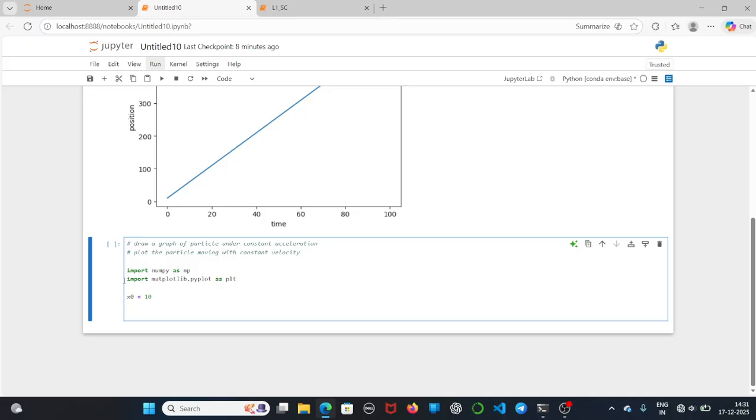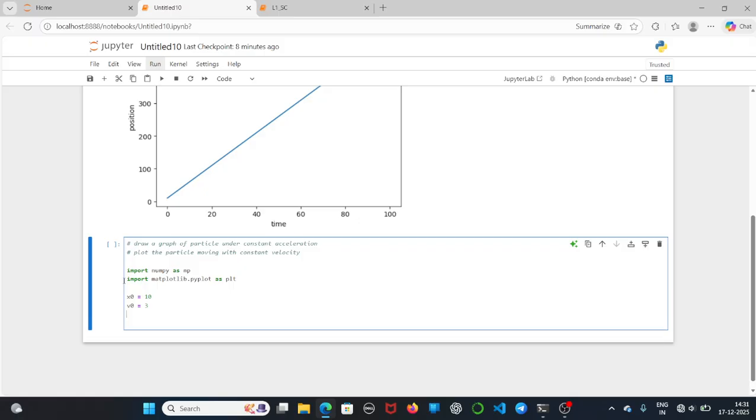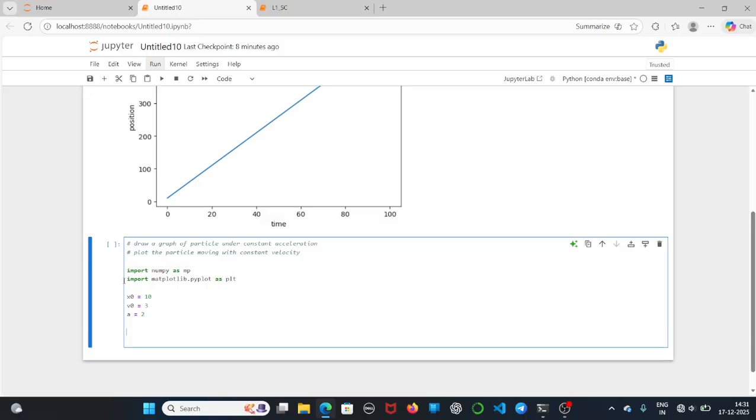So the initial velocity of the particle is 3, and let's say the particle is moving with acceleration 2. Now we are going to create time values, 100 time values between 0 and 10.